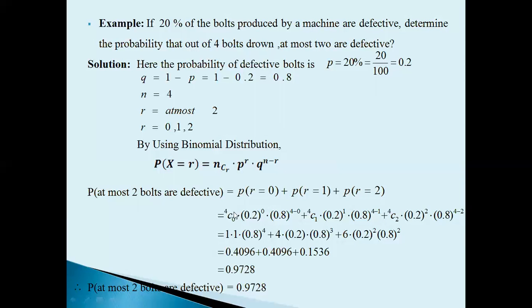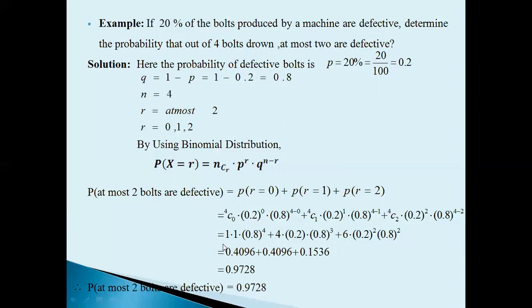Simplifying the terms, 4C0 is equal to 1 into 0.2 raised to 0, which is 1, into 0.8 raised to 4, plus 4C1, which is equal to 4 into 0.2 into 0.8 raised to 3, plus 4C2, which is equal to 6 into 0.2 raised to 2 into 0.8 raised to 2.